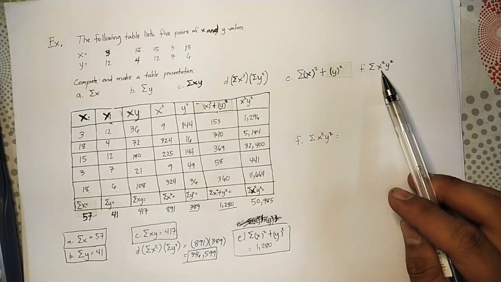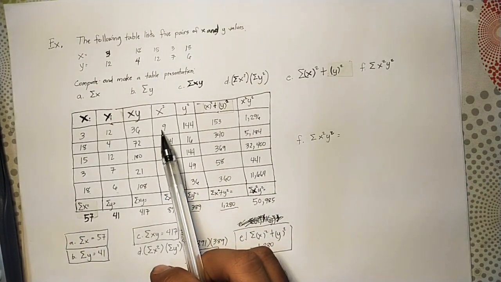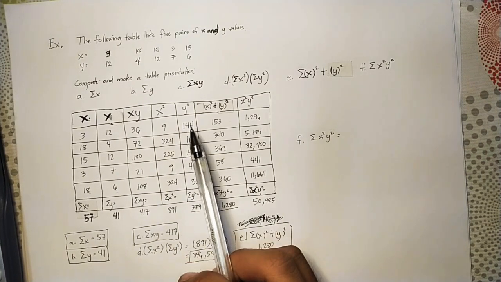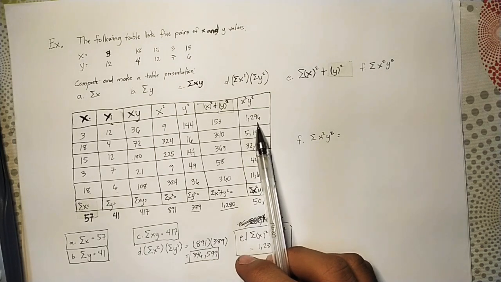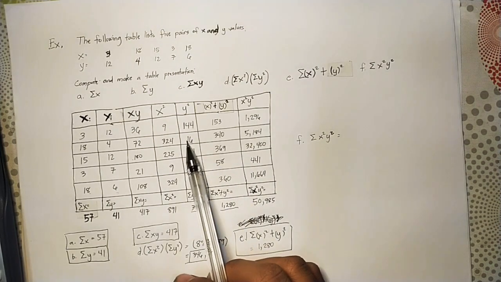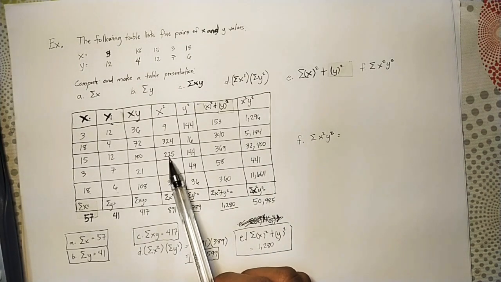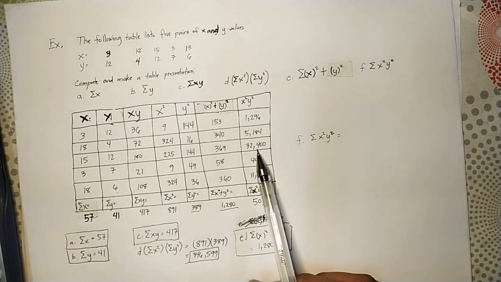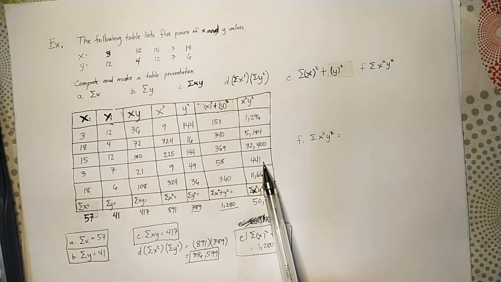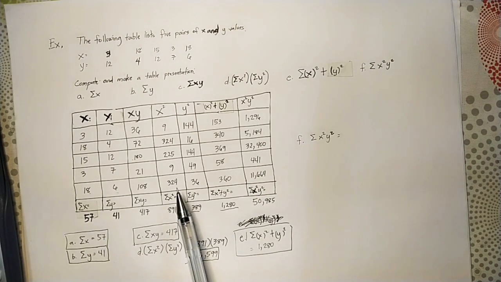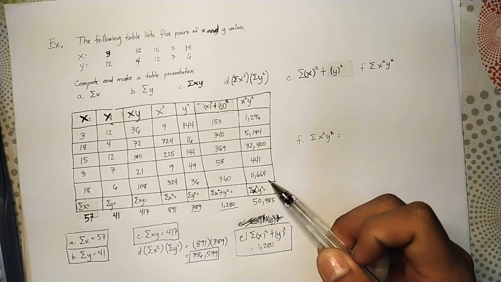So, in order for you to get x squared times y squared, you have to multiply the values from x squared and the values from y squared, which is 9 times 144 is 1,296, and 324 times 16, 5,184. 225 times 144 is 32,400. 9 times 49, the answer is 441. 324 times 36 is equals to 11,664.